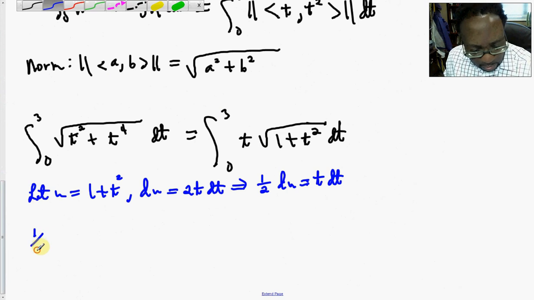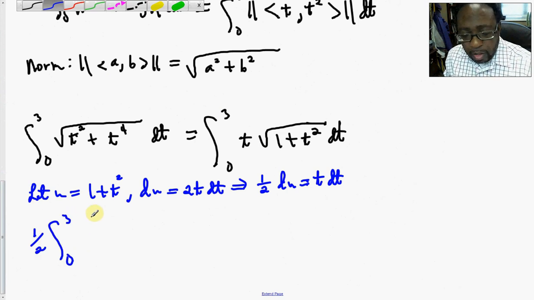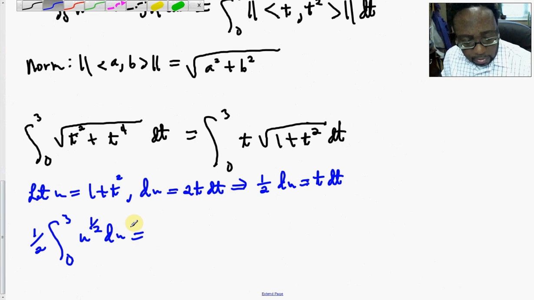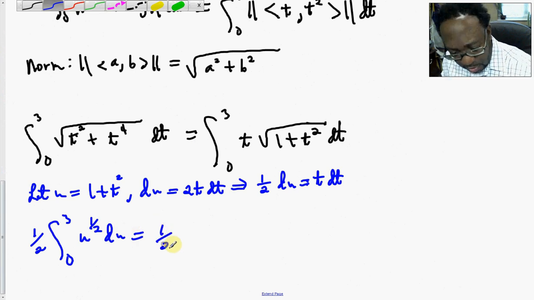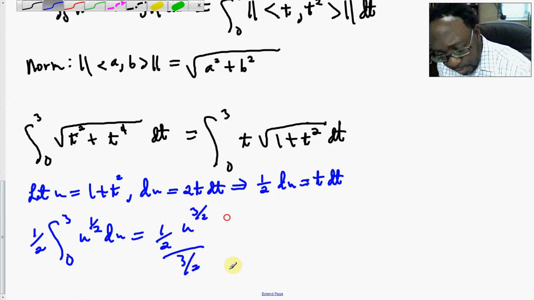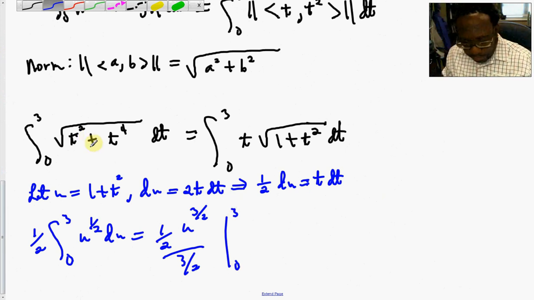So we have 1/2 times the integral from 0 to 3 of u raised to the 1/2, or the square root of u. So u raised to the 1/2 du. So this gives us, yes, 1/2 times u to the 3/2 all over 3/2. That's being evaluated from 0 to 3 with respect to t.